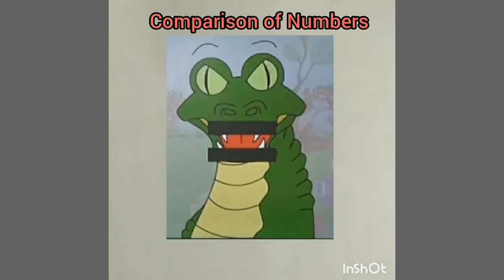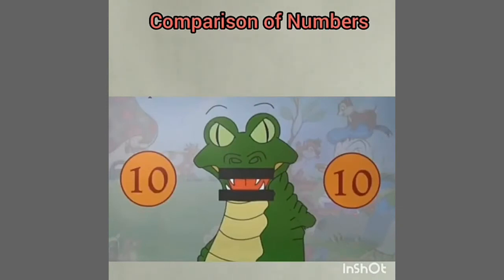Now see here, the alligator did not open its mouth because it can't decide which is the bigger number. Why? Because on both sides the same number is there. What is the number? It is 10.